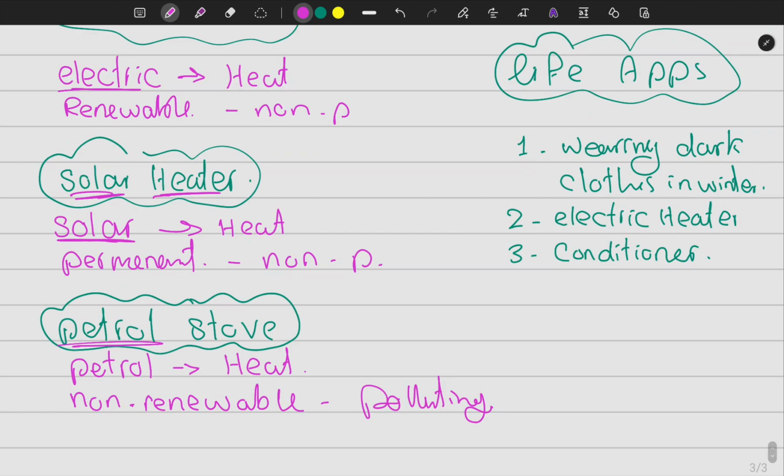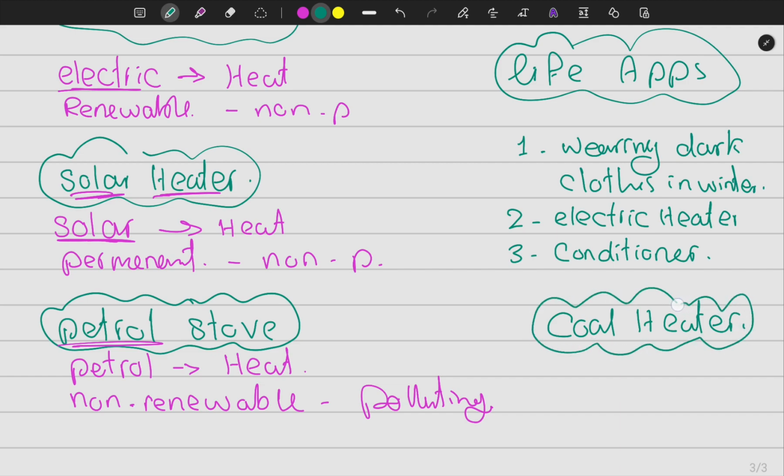What about a coal heater? You can see it in all the English movies on TV. They use coal to heat the homes. So, coal heater, what type of energy resource does it depend on? Of course, it depends on coal to transfer it into heat.